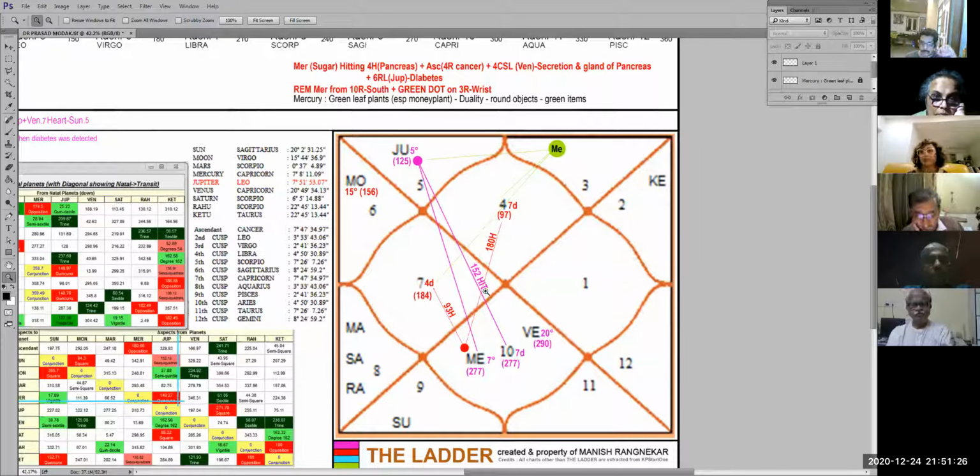Your first house, which has the fourth Rashi, Cancer, is at 97 degrees compound. Now minus 97 from 277, you'll get 180 degrees. Even if you calculate from here to here, I had made that mistake. If you remember, it was 127. So basically 277 minus 127 is 150 degrees.